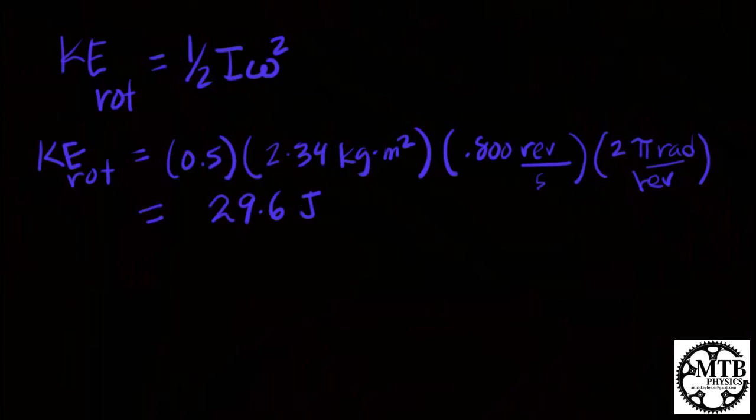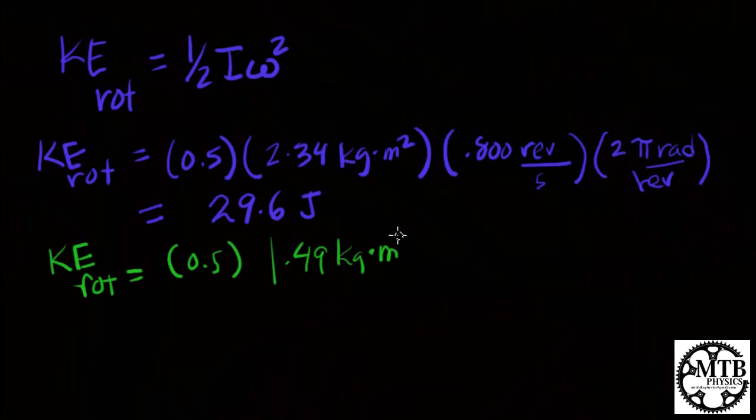In the second part of the problem, same equation, rotational kinetic energy, 0.5 times, now our new moment of inertia, 1.49 kilograms times meters squared. Our new angular velocity was 1.26 revolutions per second.